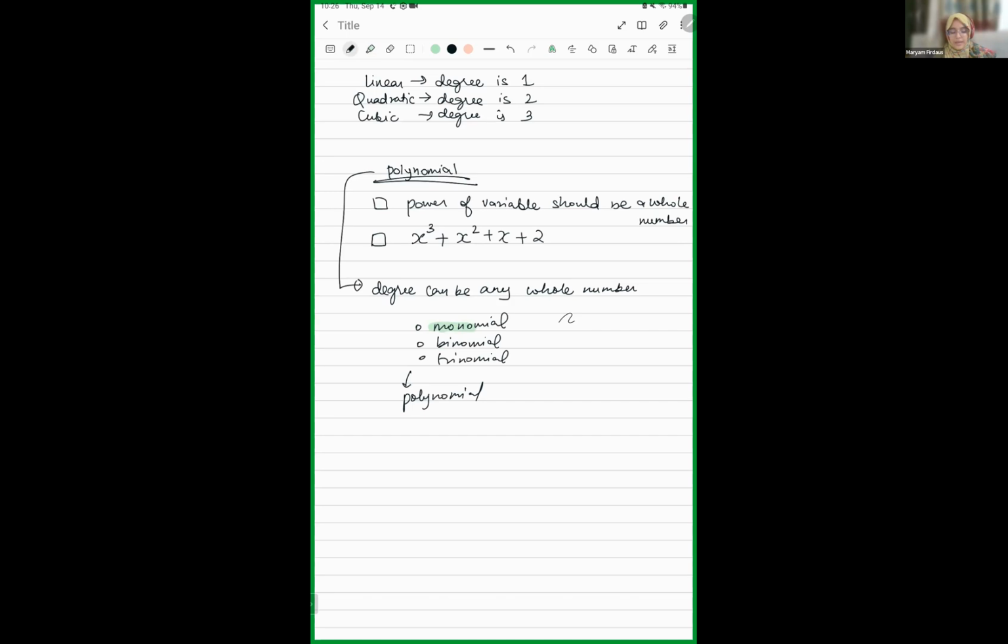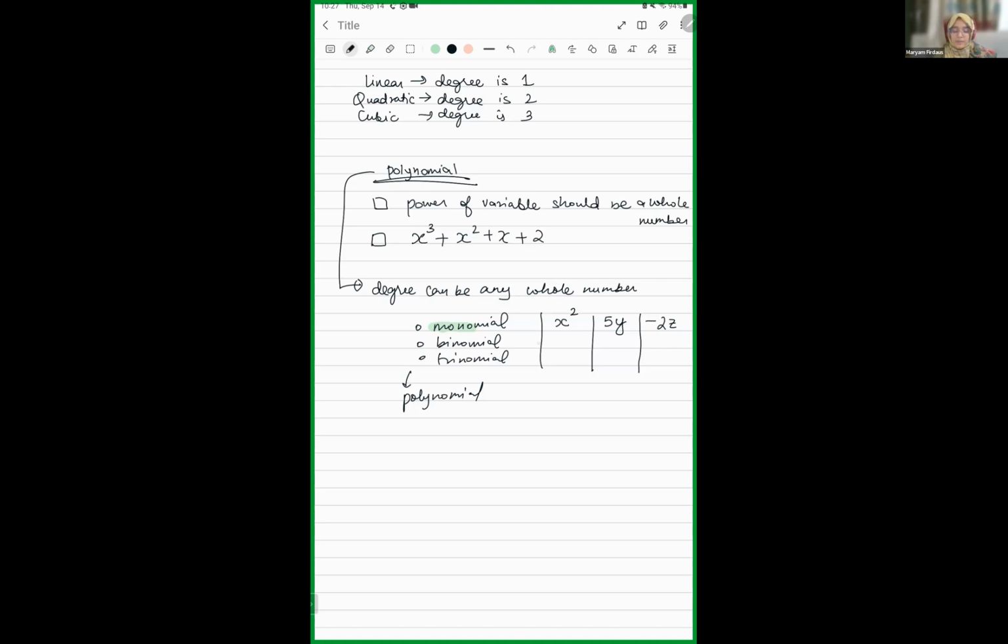For example, x square, or 5y. These are all monomials, or let's say minus 2z. So these are all monomials.